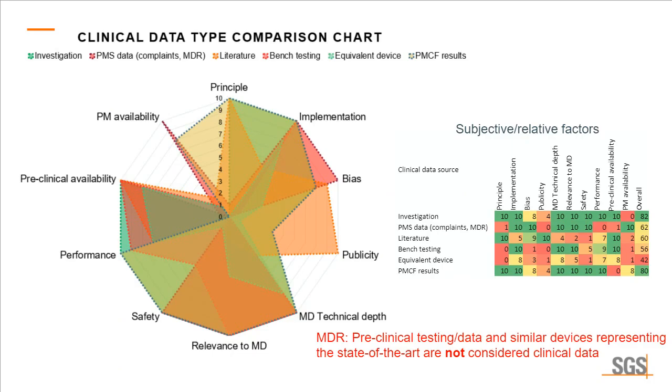Just a very quick comparison chart when we are talking about clinical data. There is a concept in the MDR that you have to have sufficient clinical data in order to have a conclusive result of your clinical evaluation. And there are a bunch of different clinical data types.